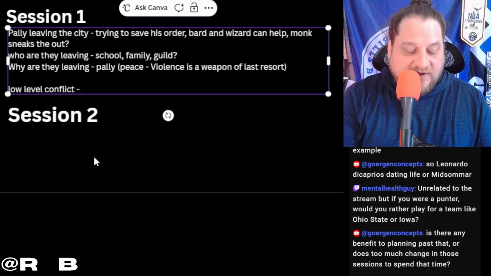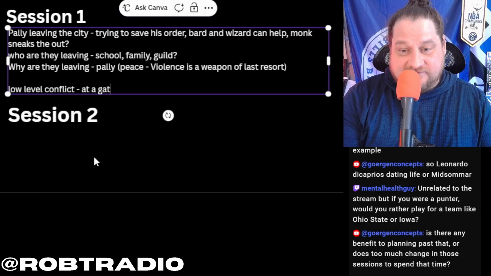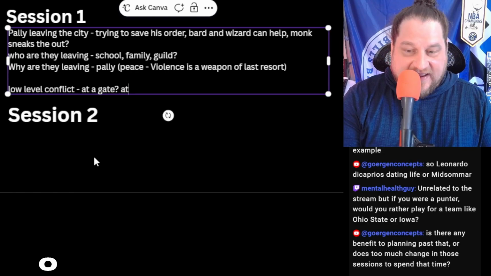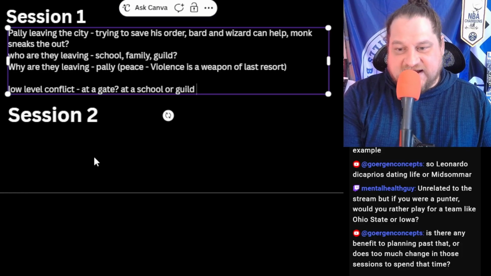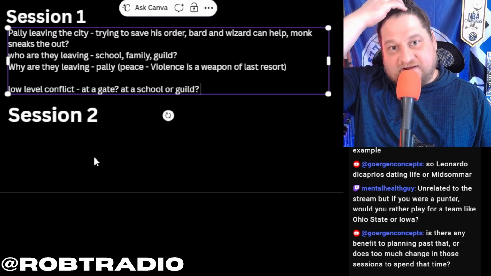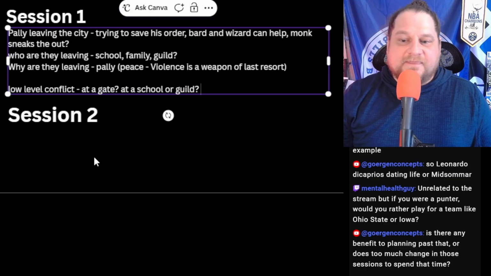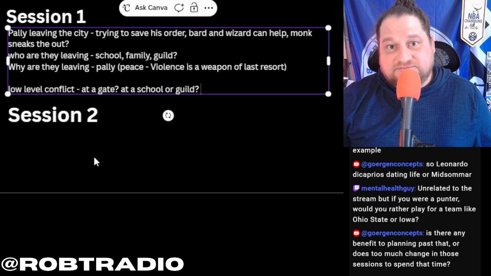And so is that at a gate? Is that at a school or guild? Right? This would kind of be based on what age they told me their characters were. So maybe the paladin's whole guild is trying to get out.